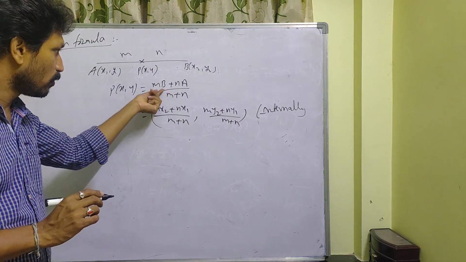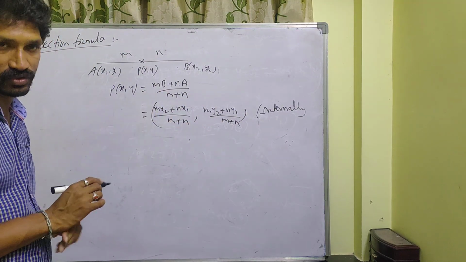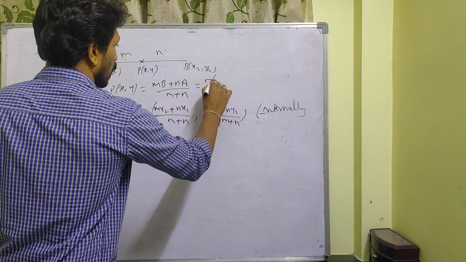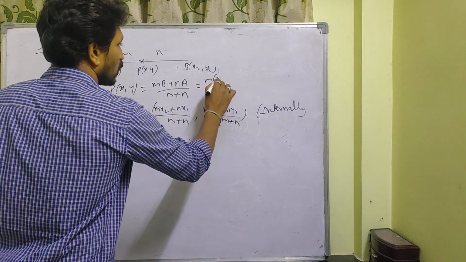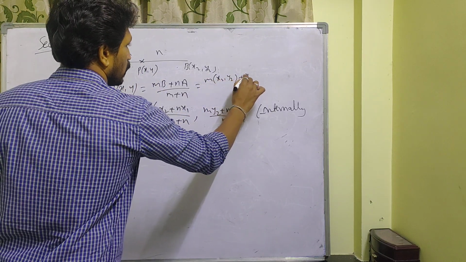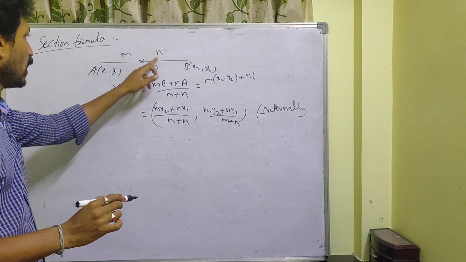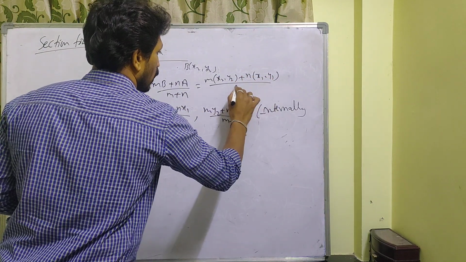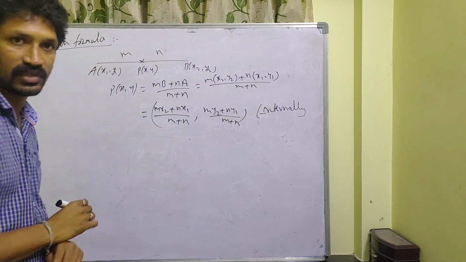So how can you write this one? So both are same or not? Check it once. See here, what is mB? mB means m into B, B means here x2 comma y2, plus nA means n into A, that means x1 comma y1, by m plus n. Yes.